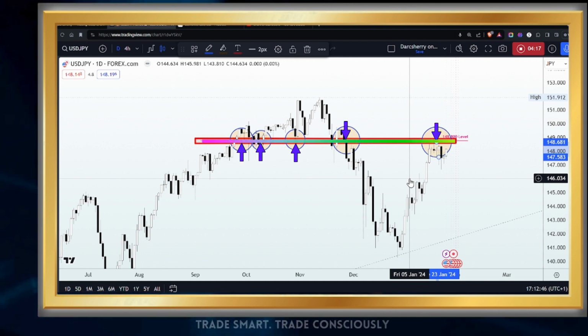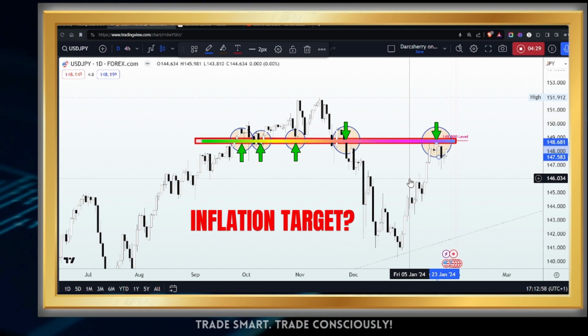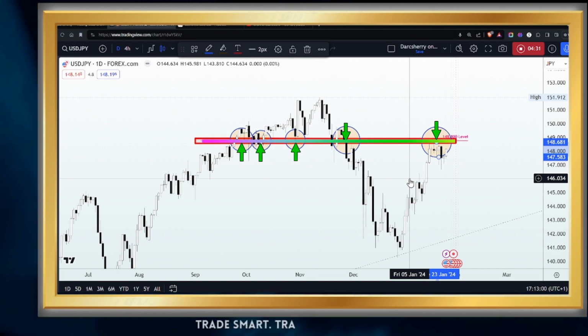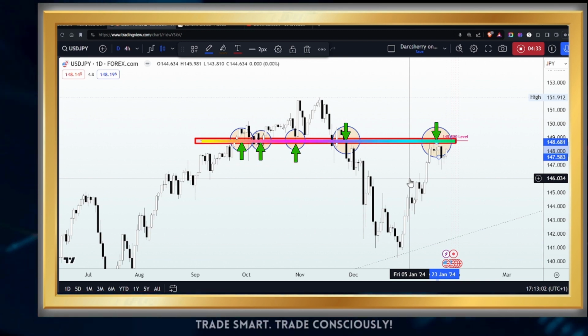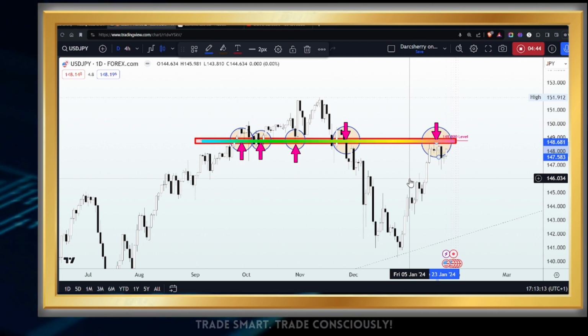Now, during the course of last week's trading session, following the hawkish remarks by the Bank of Japan governor, confirming that the interest rate target is gradually coming into fruition and opening up chances for the Bank of Japan to pivot from their current ultra-loose monetary policy, market participants were very positive in favor of the yen.